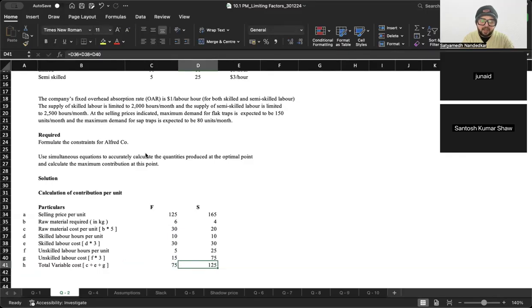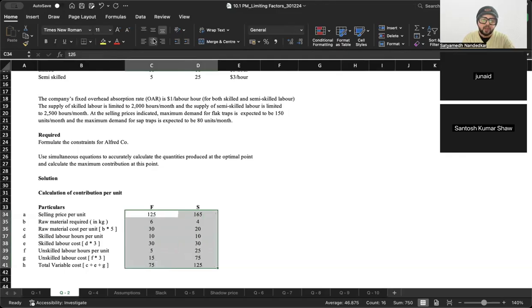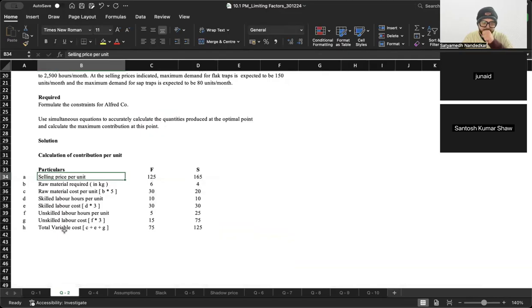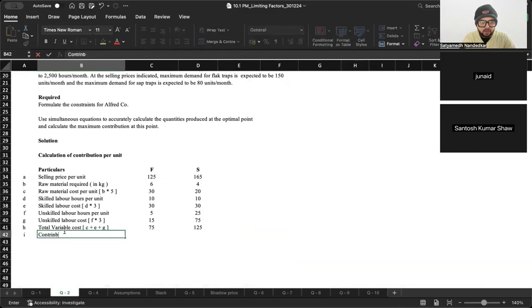Now what I have is selling price per unit and variable cost per unit. Can I get contribution per unit? Of course.